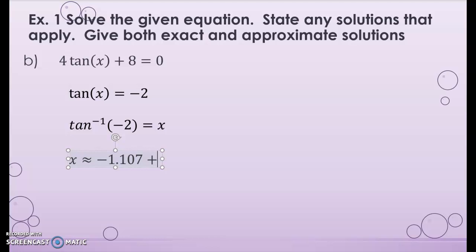It's pi. So we're going to just be adding n pi. And then we're going to say n is an element of, you guessed it, integers. And that will cover all the solutions, which satisfies the question here: state any solution that applies.